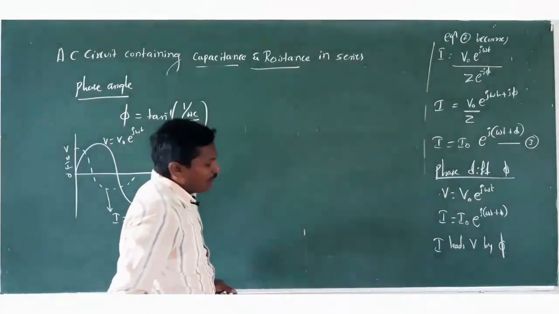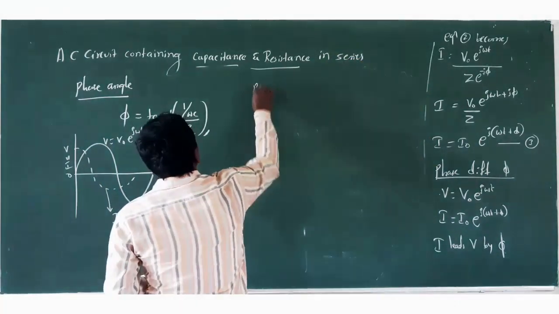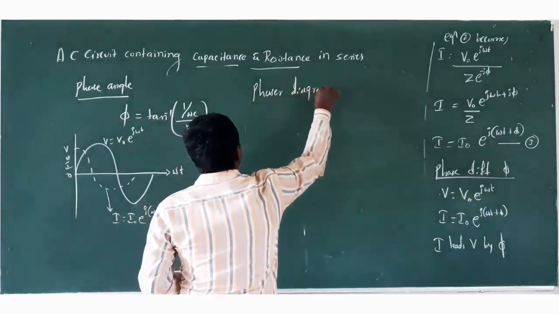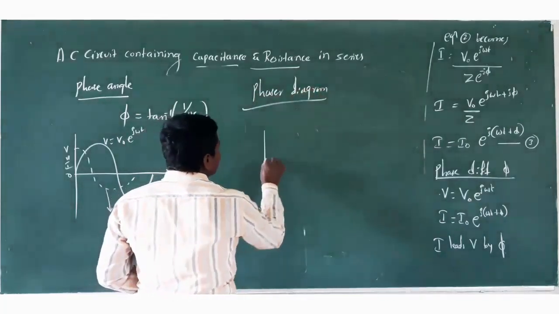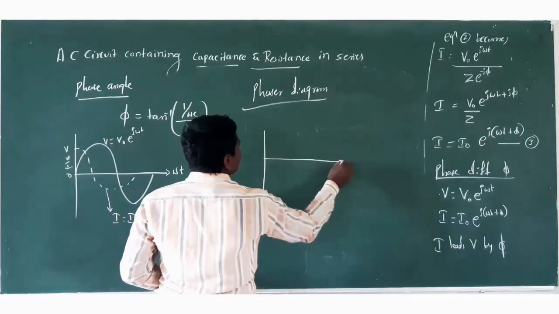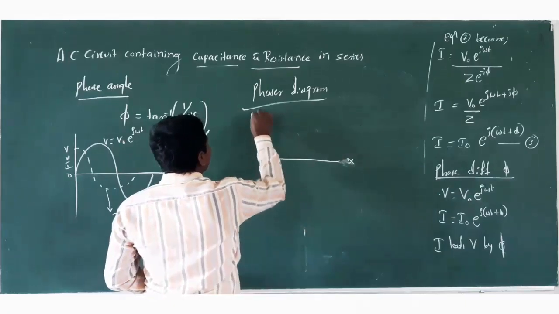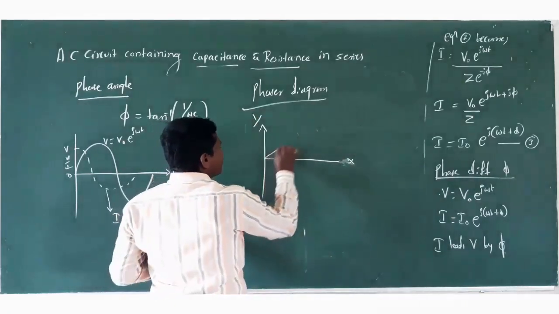If you observe the phasor diagram, let us consider along the x axis we took the real axis, and along the y axis is the imaginary axis.